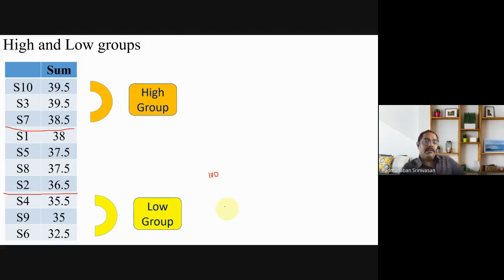Just for learning purposes. If I have taken 100 samples, after arranging in descending order, how many will be in the high group and how many in the low group?